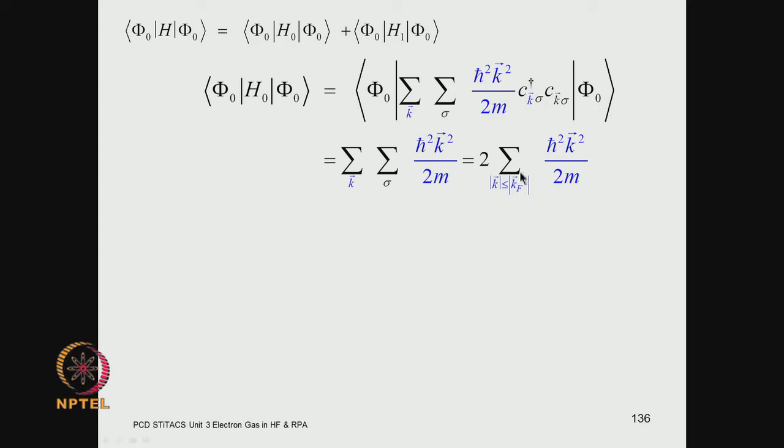This is a summation over all possible momentum states, but it is now limited because of the C dagger C factor, the number operator. The number operator gives a non-zero eigenvalue only for occupied states. For unoccupied states, the eigenvalue is 0, so it makes no contribution to the total sum.